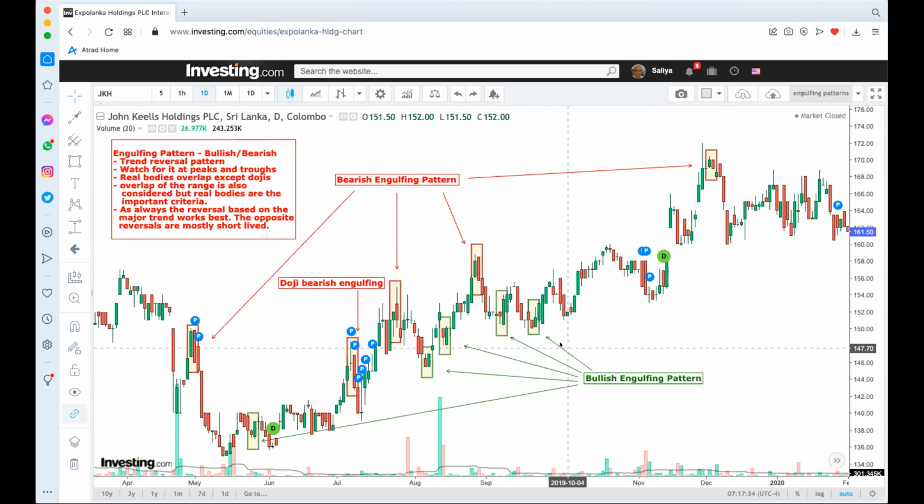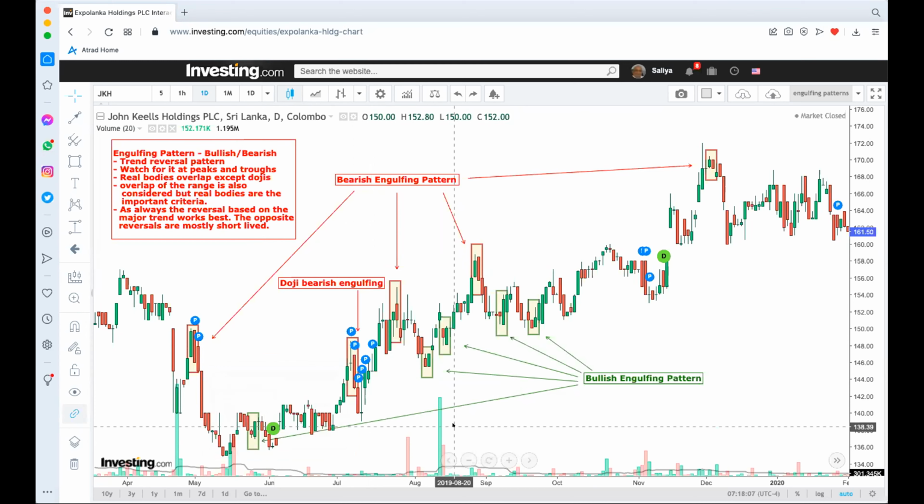Another important thing that we need to understand, just like any other pattern, be it candlestick patterns or normal support and chart patterns that we discussed some time ago, is that the successful patterns will always follow the primary trend. Now, before moving on to that, I have mentioned a Doji bearish engulfing pattern here.